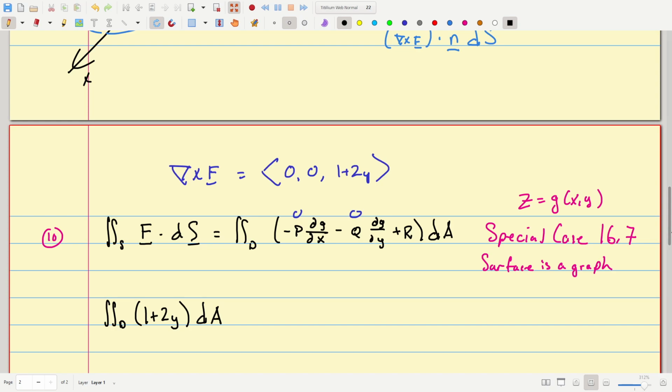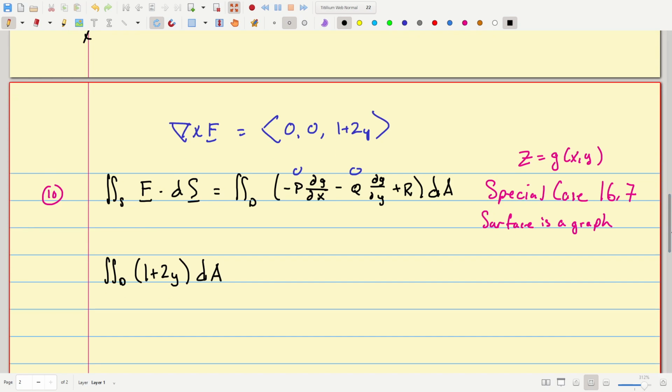All right, so we're integrating here now. The domain that we're integrating in is the unit disk, so it makes sense for us to switch to polar.